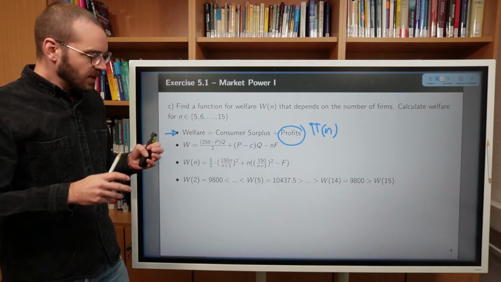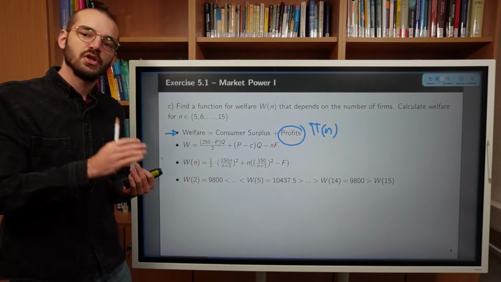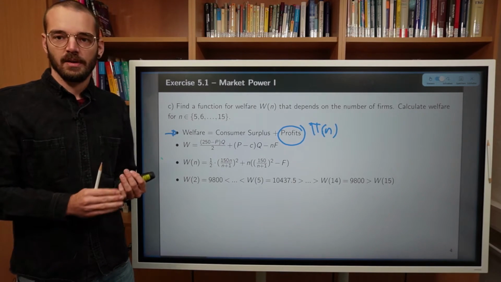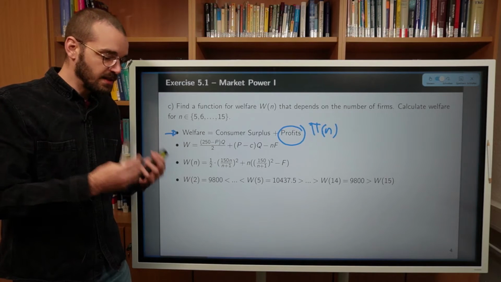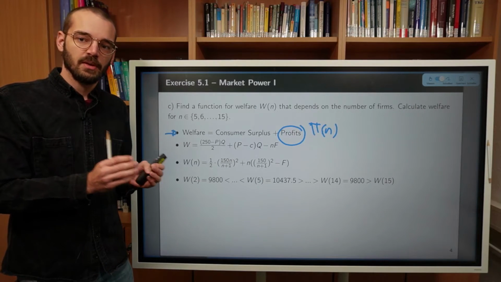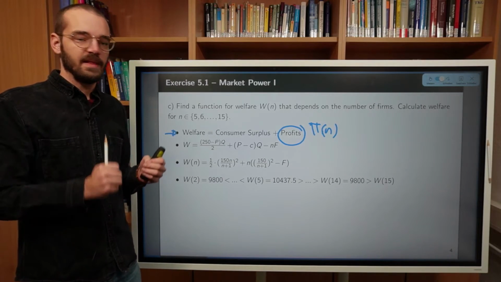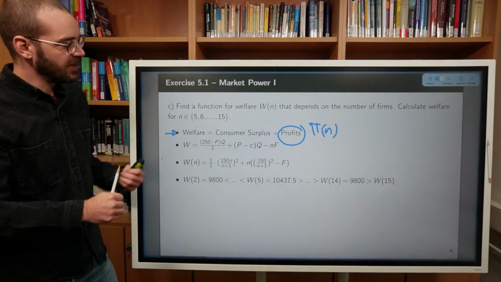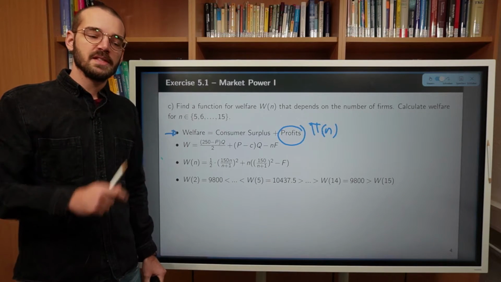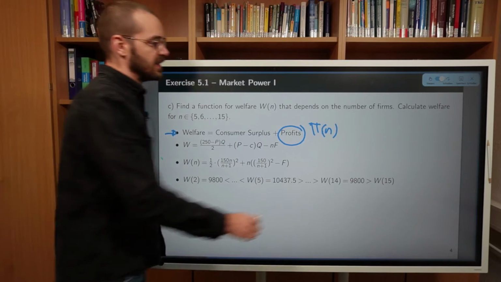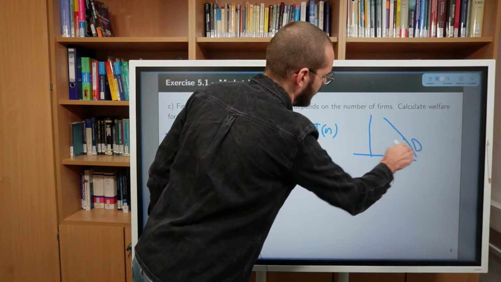Now, in a case like this, where the demand function is a linear function, we know, and we have discussed this several times in the previous weeks, so I don't want to go too much into the details at this point, that we can simply calculate the consumer surplus in a situation like this as the triangle that is defined by the demand function and the equilibrium price.